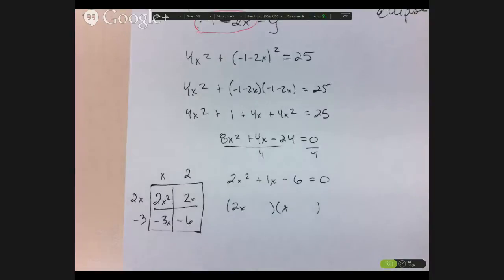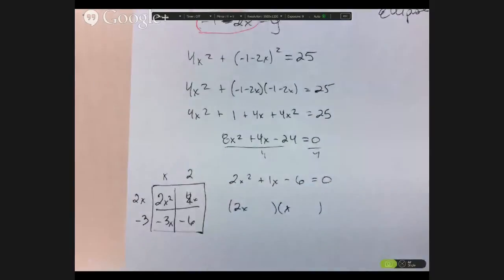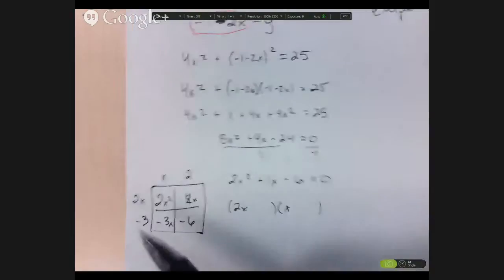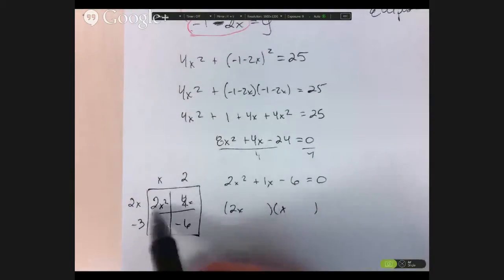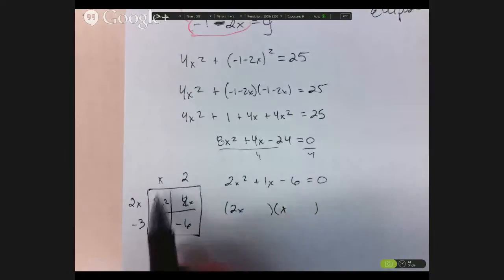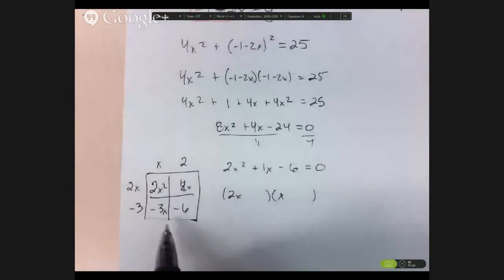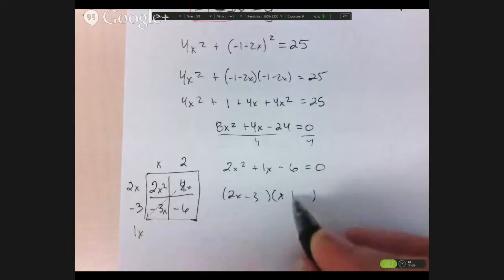So this square is not working right now because this should actually be 4. Now does that work? Or we kind of did it backwards. So out here we have to have -3 and 2 because that's -6. Here it's 2 times 2 is 4. And here x times 3. Does that add up to 1? Yeah, it does. So we have our factors: 2x minus 3, x plus 2.